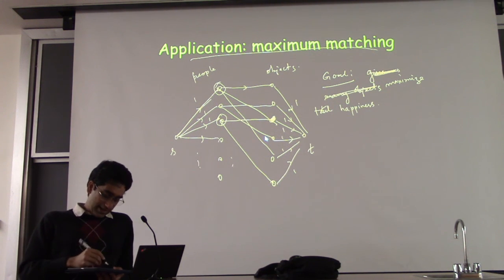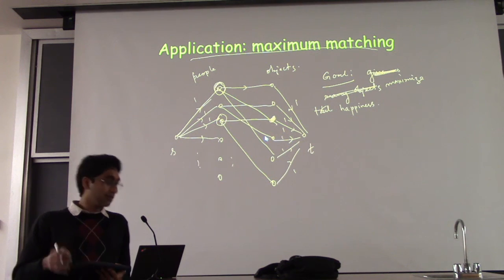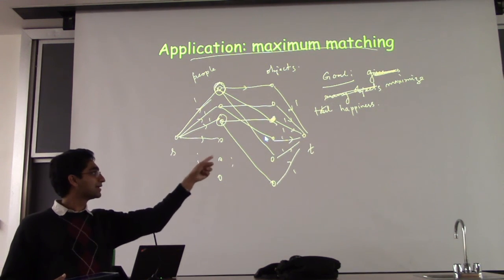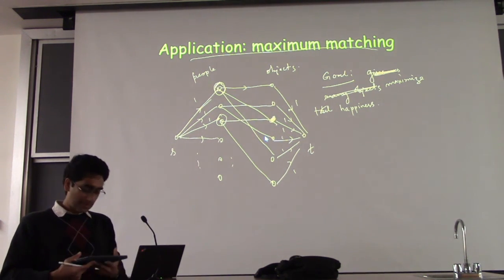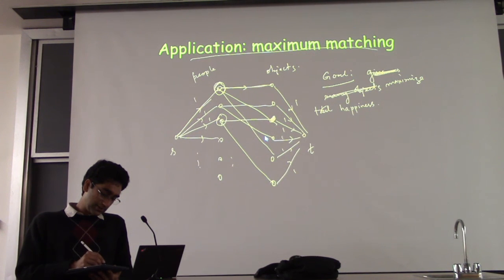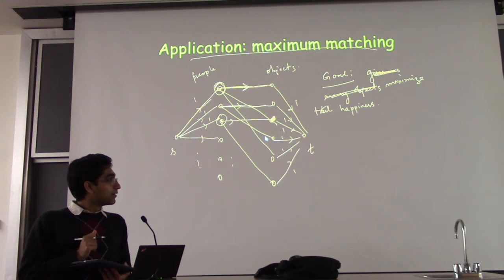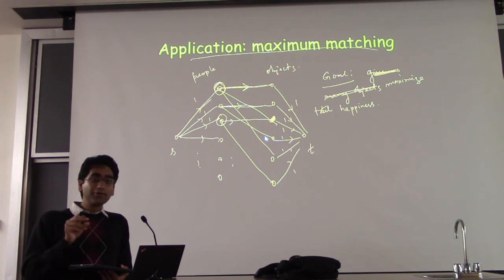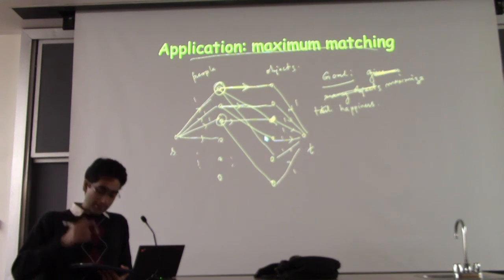And now there is flow conservation, right? So each of these guys has to get something. So this will end up happening: you will send some flow along one of these edges. Now, so far this was okay, right?